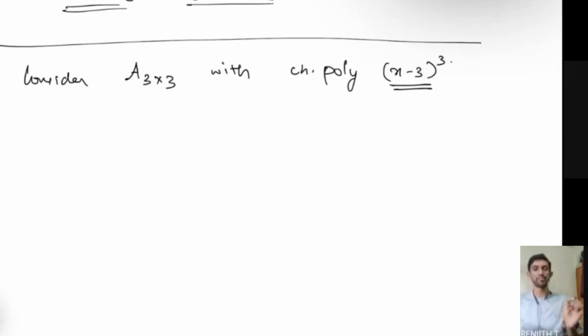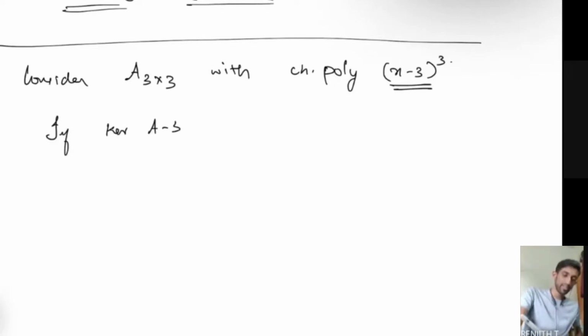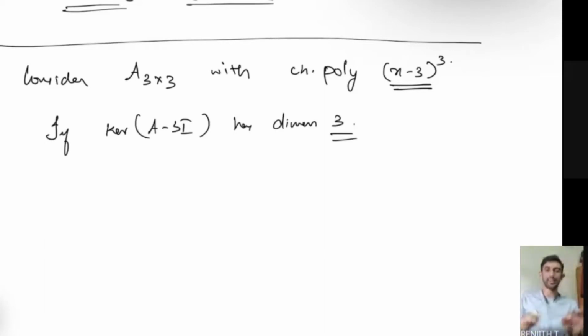So the algebraic multiplicity of 3 is 3. Now, if the kernel of A minus 3I has dimension 3, then we are done.